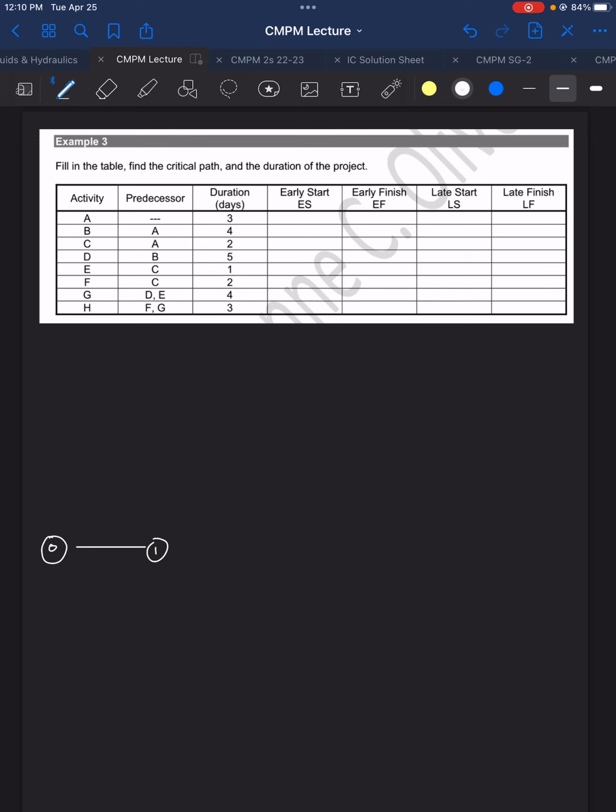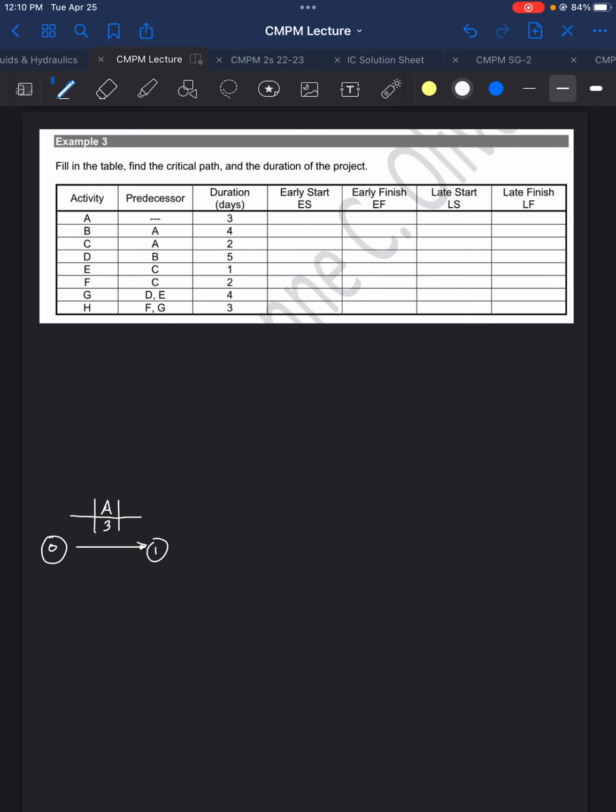So this is our activity A, and we will be using again our table. Duration for activity A is 3 days. So we have here 3 days.